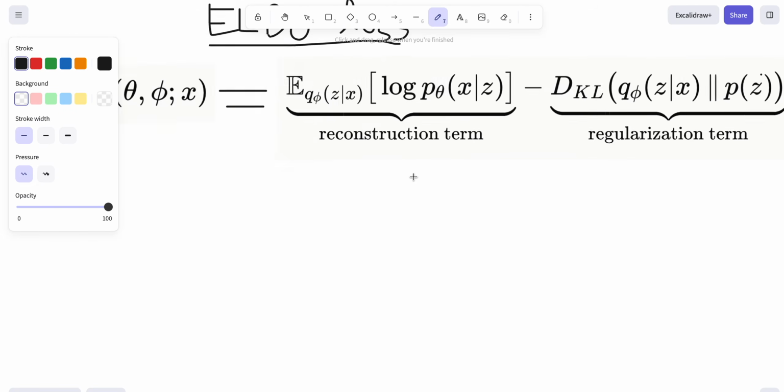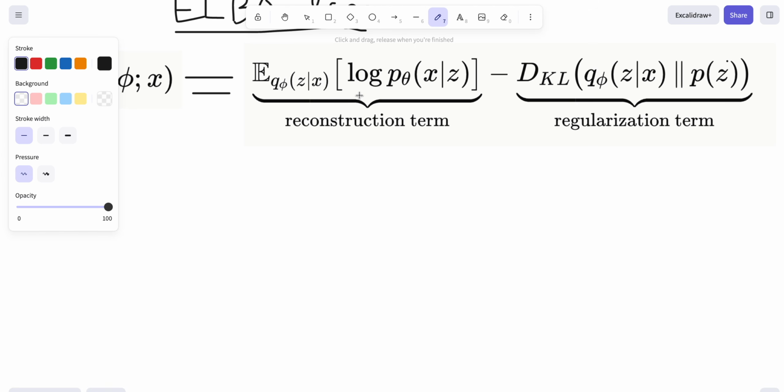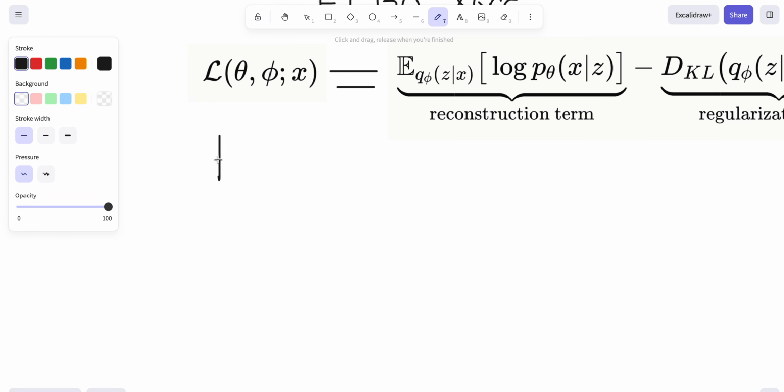With our ELBO loss, let's define some of the distributions here. p theta of x given z is our decoder, the decoder half of our network.